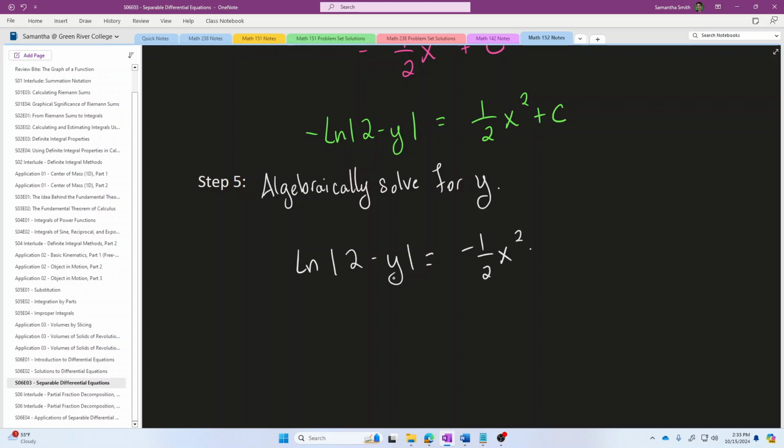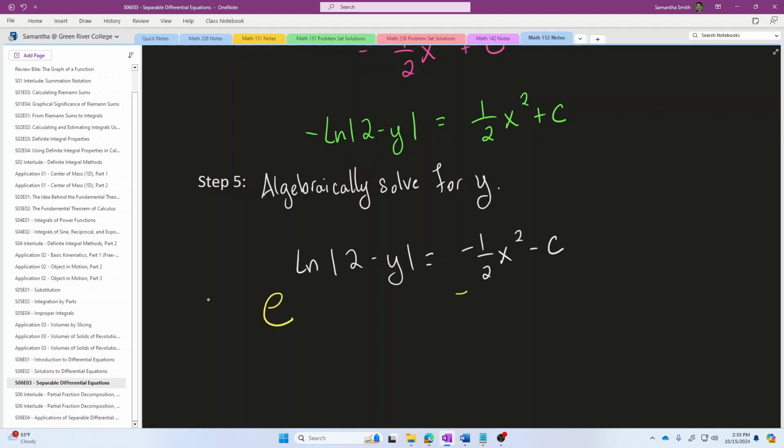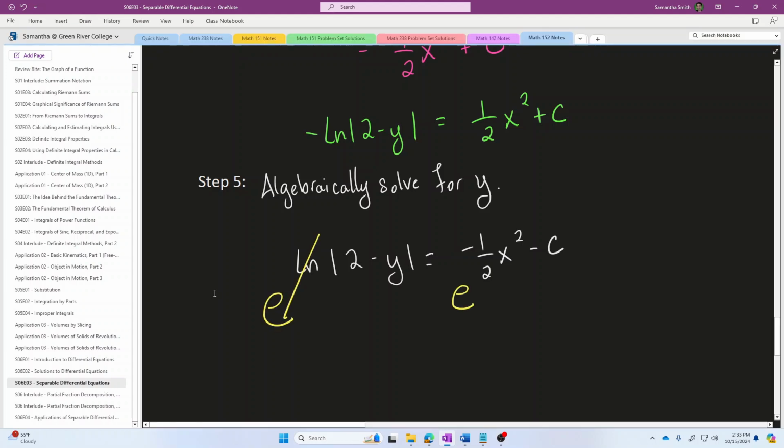For example, I'll apply a minus sign to get rid of this minus in front of the natural log. And I can apply an exponential to both sides to get rid of this natural log.